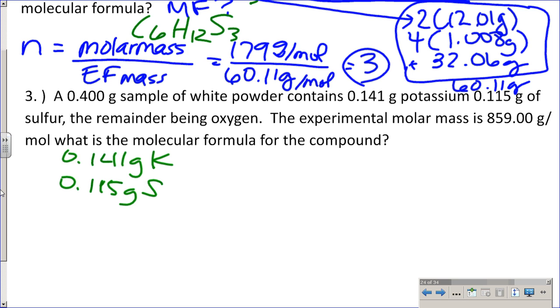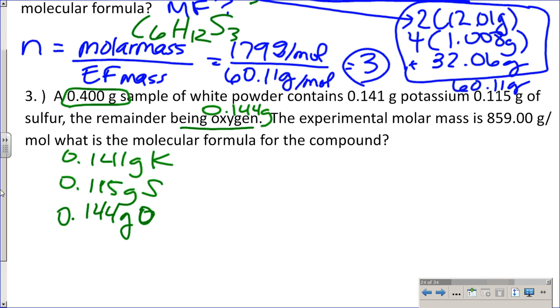That leaves us with oxygen being 0.144. If anybody else did that? Yeah? Okay. Sorry, I actually have all my work right here. So I just took my 0.4 gram sample, subtracted the potassium and the sulfur to give me the remaining oxygen left over. So this is 0.144 grams of oxygen.